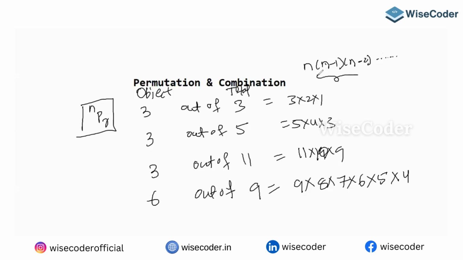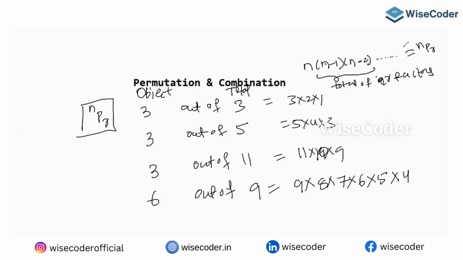These are a total of r factors. This expression is defined as nPr.